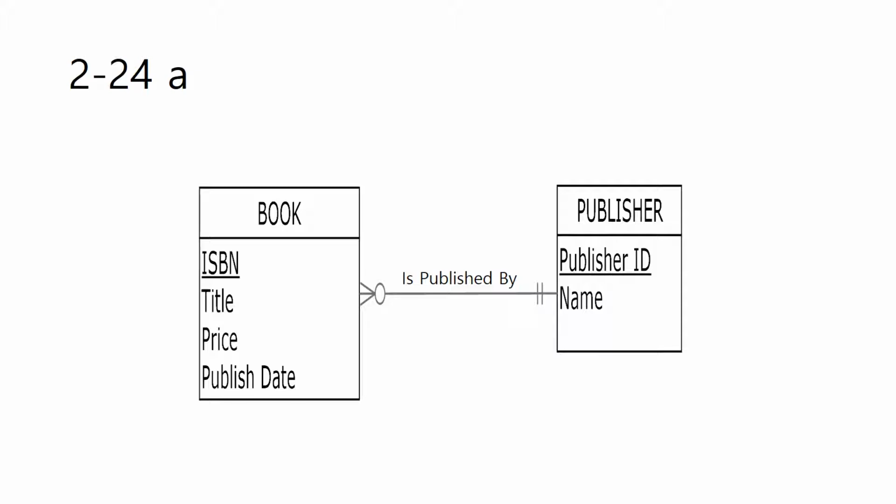From the perspective of the book, only one publisher, and then the publisher can publish 0 through many books, and a book is published by only one publisher.